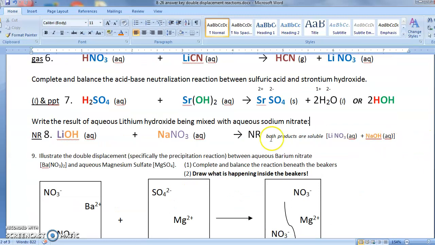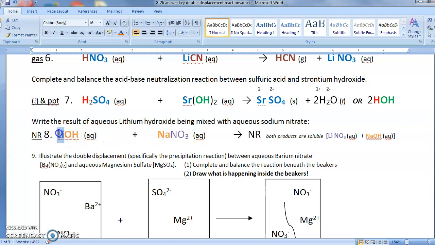Our final one of these, we have LiOH, lithium hydroxide. It is an aqueous solution. We also have an aqueous solution of sodium nitrate, and we're pouring these two together. When we mix these solutions together, the first thing here will bump into the second thing here in a double displacement.